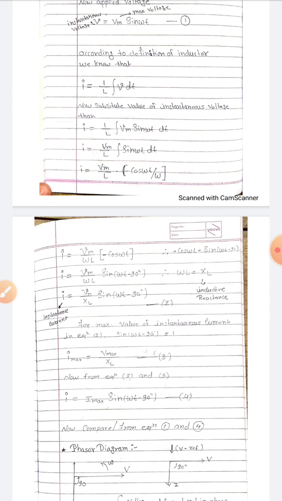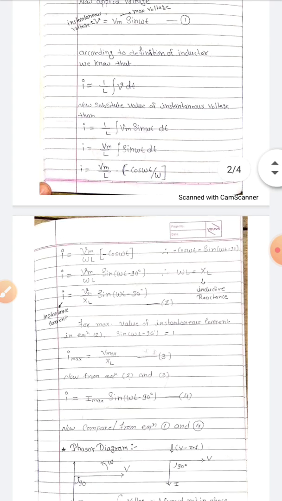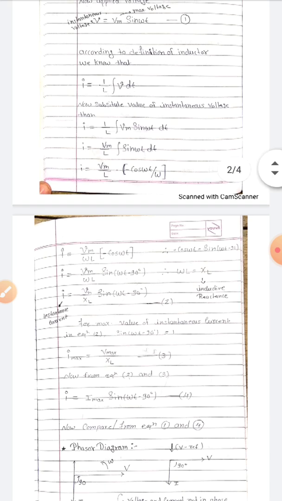It means that when we compare equation number 1 and equation number 4, the current has a 90-degree lagging nature with respect to the applied voltage, or in other terms, the voltage is leading the current flowing through the purely inductive circuit by 90 degrees.